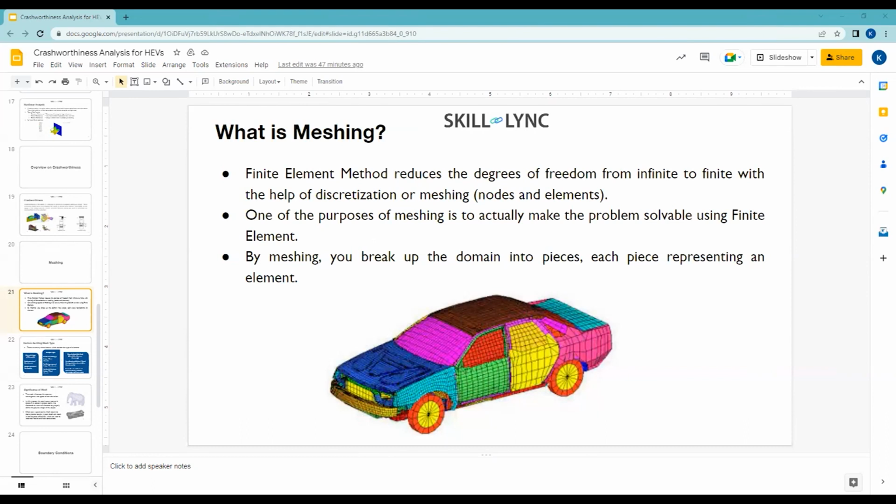It can move like this or like this, meaning it can only elongate. You can't say it will have some lateral deformation, because lateral dimensions are negligible. So it has only 1 degree of freedom. Then going ahead, meshing is an important thing.